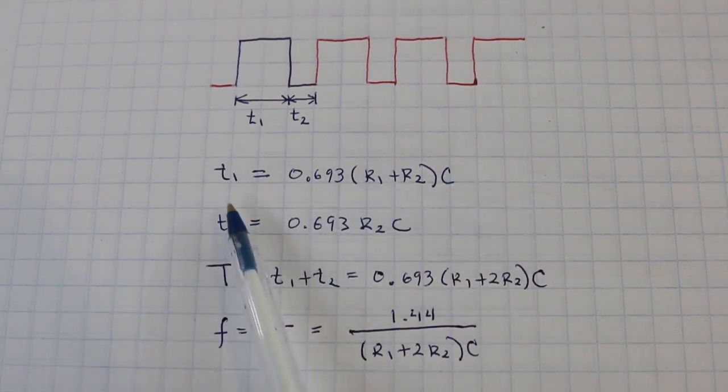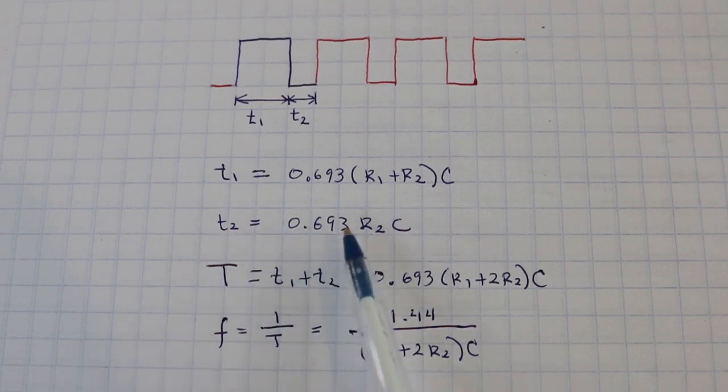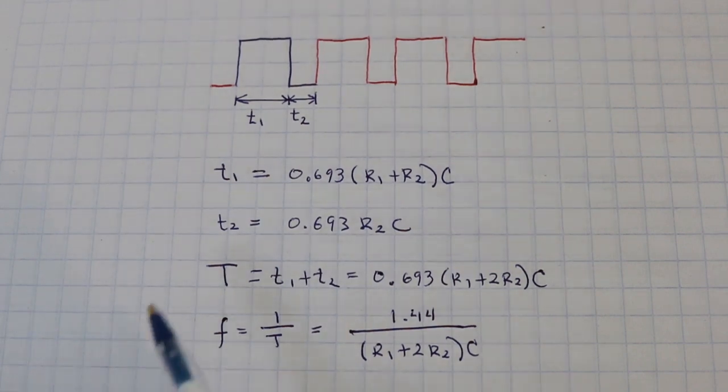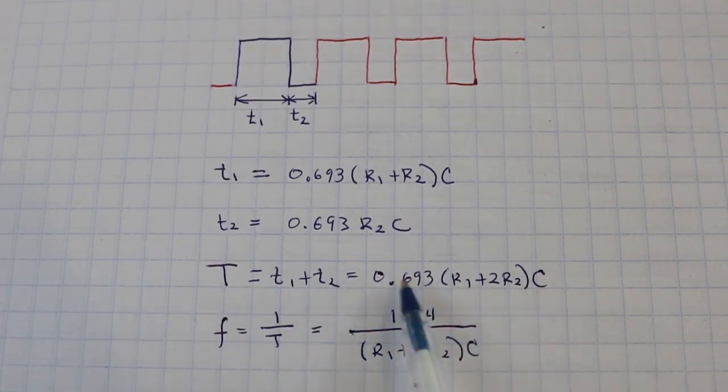On the other hand, T2 only depends on R2 and the capacitance. The period of a pulse, the total time, is the sum of T1 plus T2 and results in this expression, while the frequency, which is the reciprocal of the period, is given by this expression.